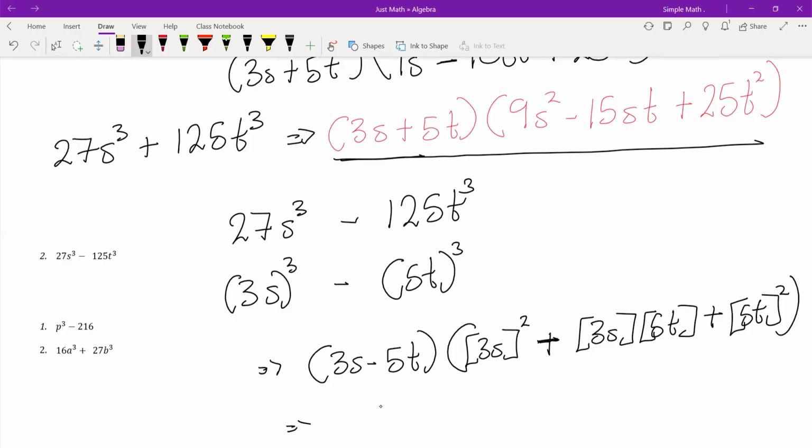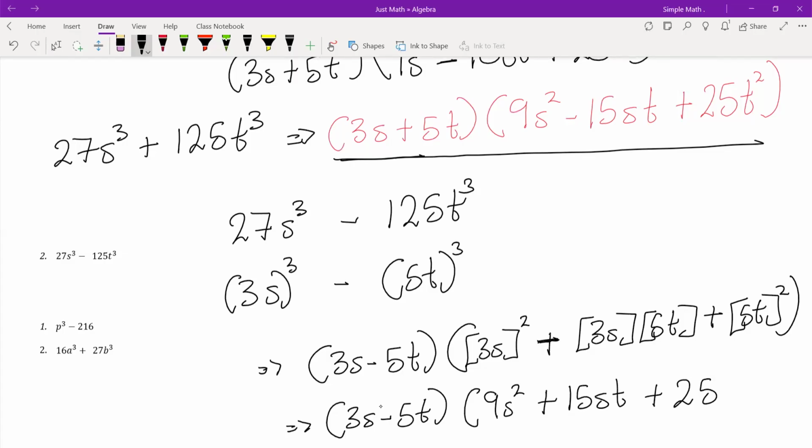Once we do that, this becomes (3s minus 5t) and then we have 9s squared plus 15st plus 25t squared. And that's our final answer.